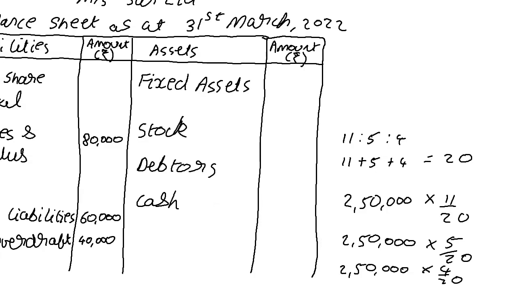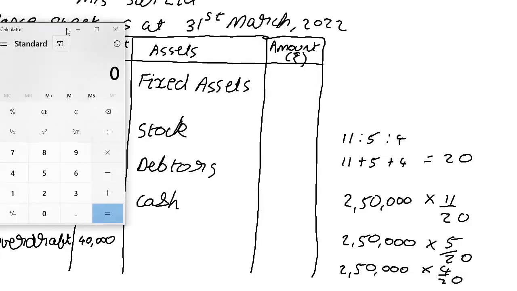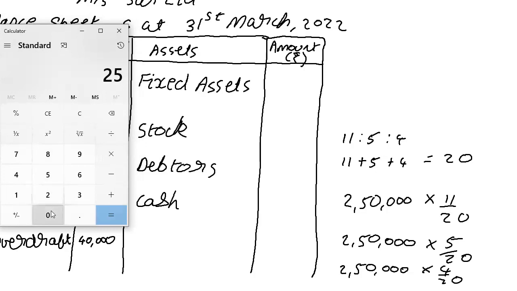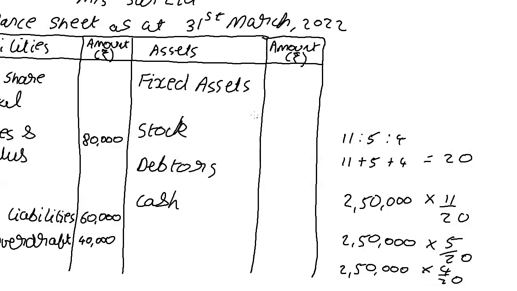Now, on the calculator, 2,50,000 into 11 by 20 gives me 1,37,500.